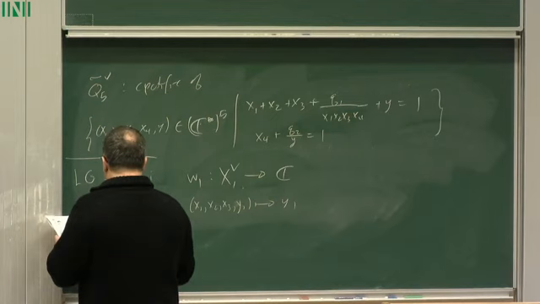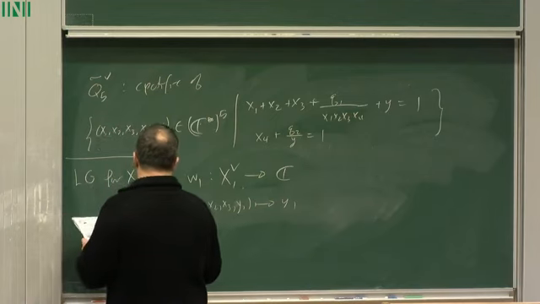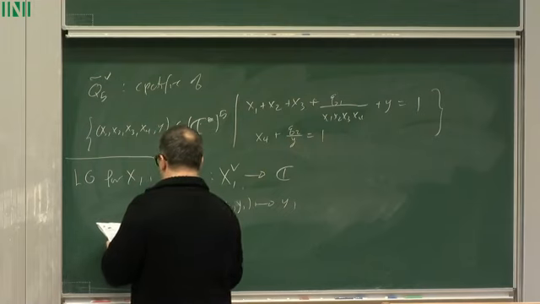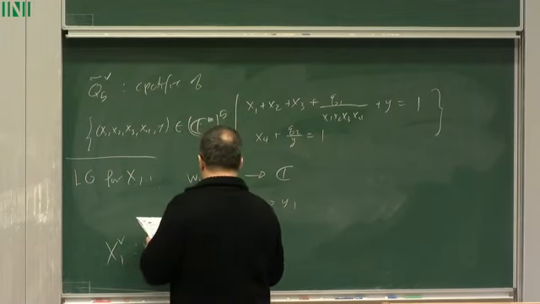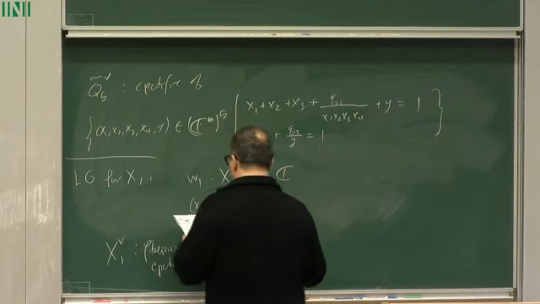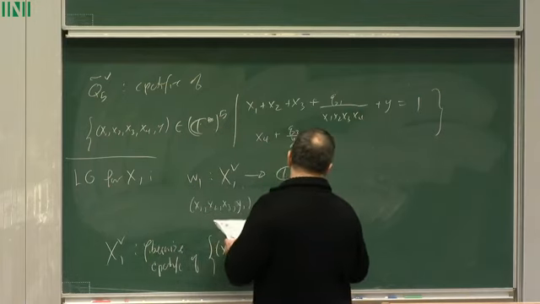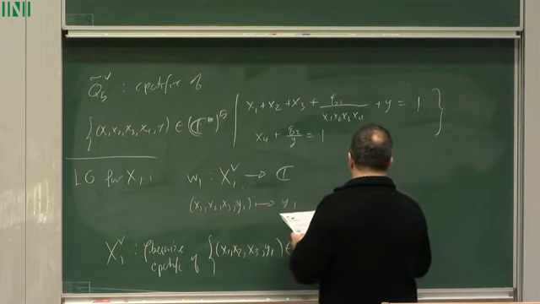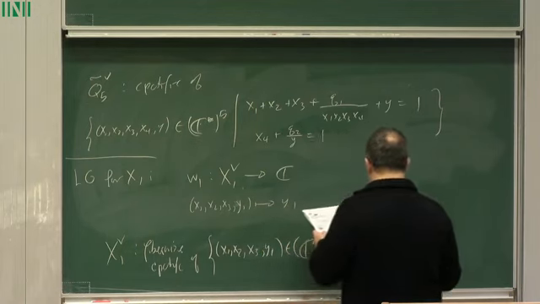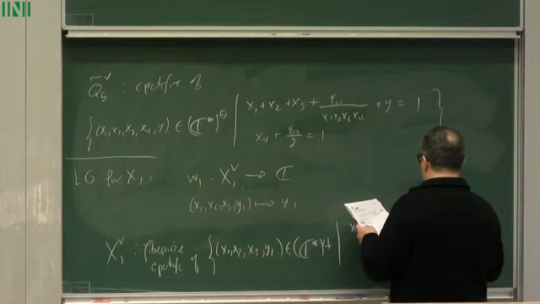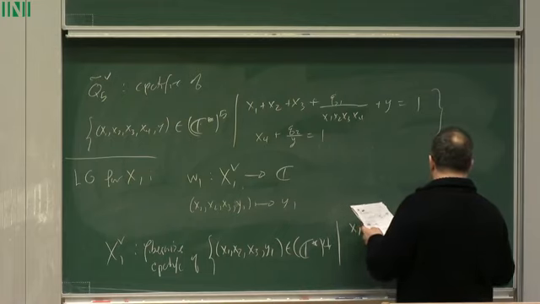And X1 check is the fiber-wise, relative to this W1 map, compactification of X1, X2, X3, Y1 in C star to the 4th, such that X1 plus X2 plus X3 plus, and this is our notation, so I'll stick to it, Q11 over X1, X2, X3 plus Q01 over Y1 equals 1.